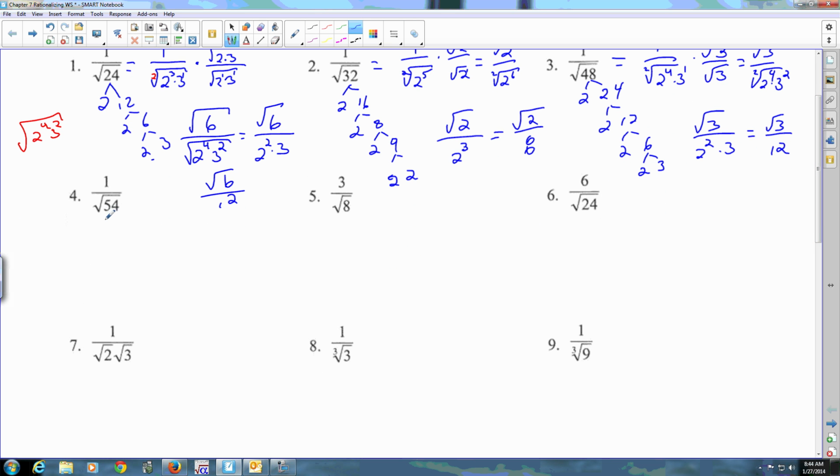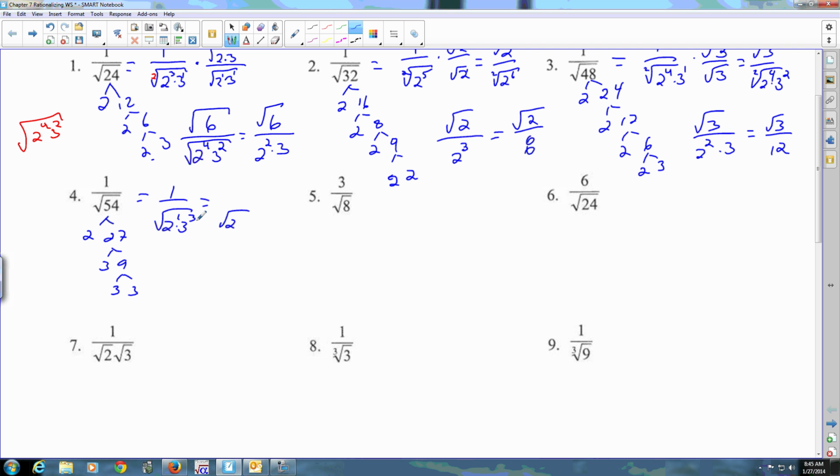All right, 54. 2 and 27. 2 doesn't go in there anymore, so you move to the next biggest prime factor. Okay. I'm going to erase a little bit of this. Kind of crowded it in the previous problem. So that becomes 1 over square root 2 times 3 cubed. So if that was 2 squared, then everything would come out.